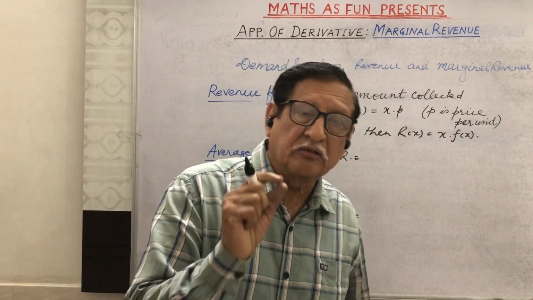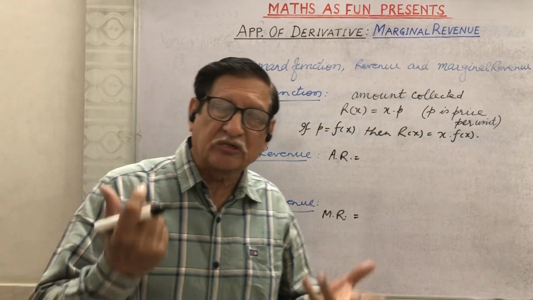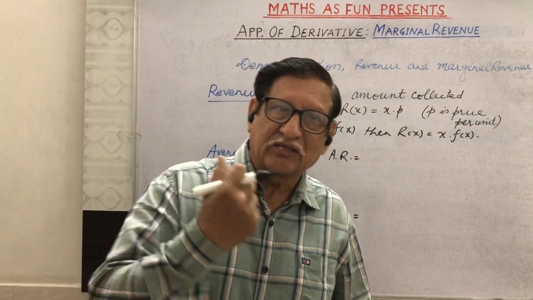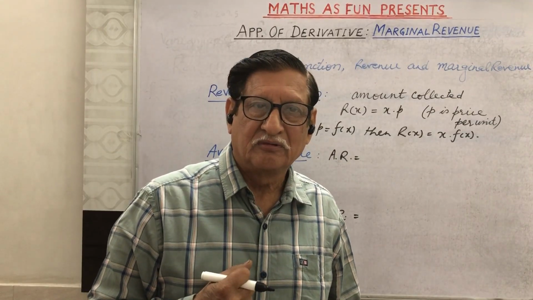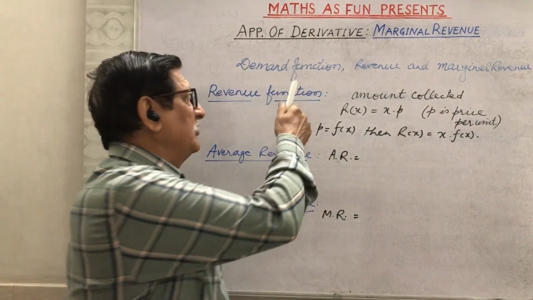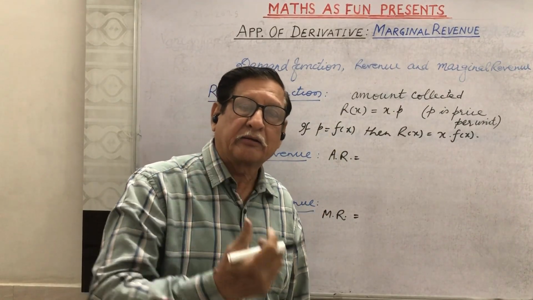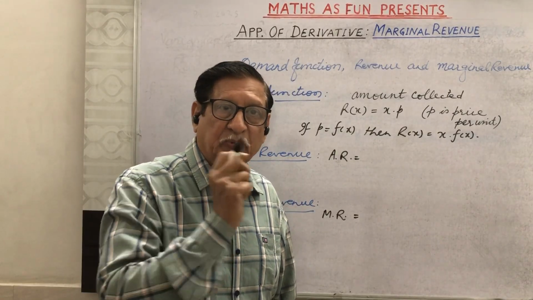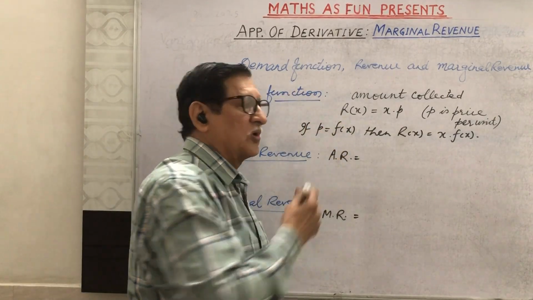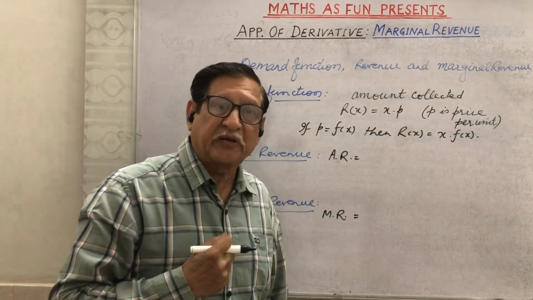Now let's learn about the revenue. What is revenue? Revenue is the amount we collect by selling items. So the revenue function is the amount collected by selling items. Suppose x is the number of items we are selling and p is the price per unit.